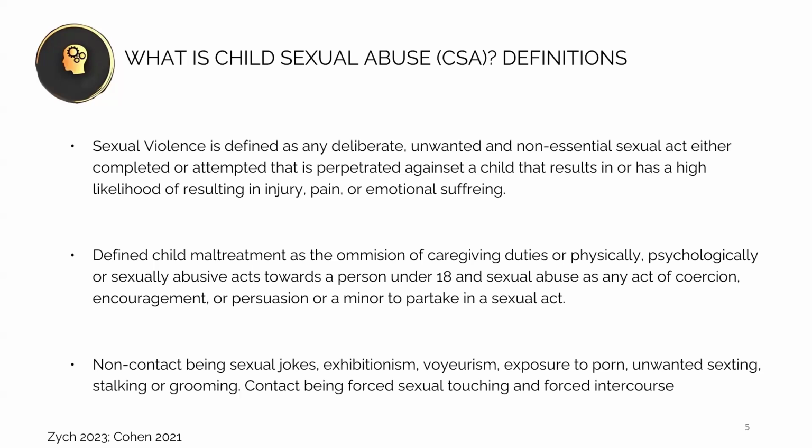It goes on to say that child sexual abuse, or CSA, also includes the omission of caregiving duties or physically, psychologically, or sexually abusive acts towards a person under 18, and a sexually abusive act is any coercion, encouragement, or persuasion of a minor to take part in a sexual act.